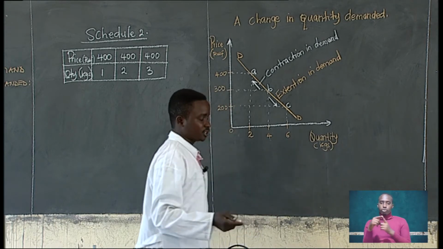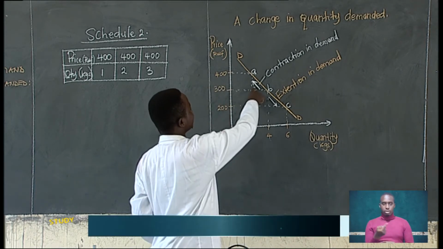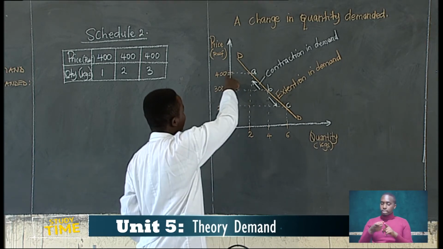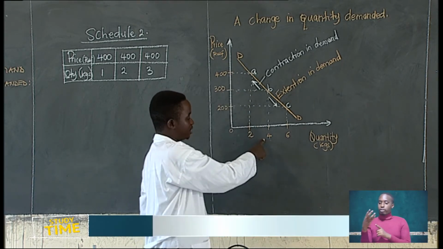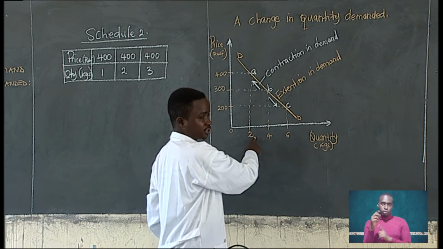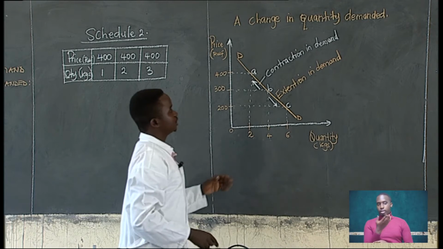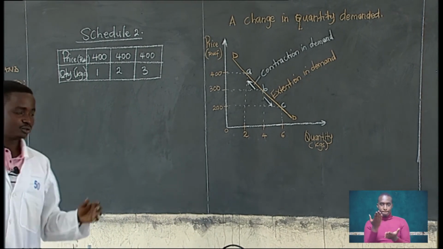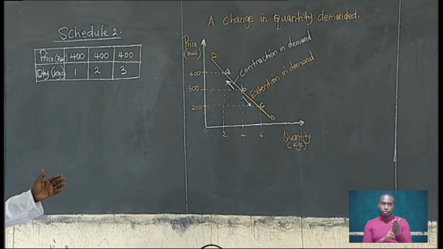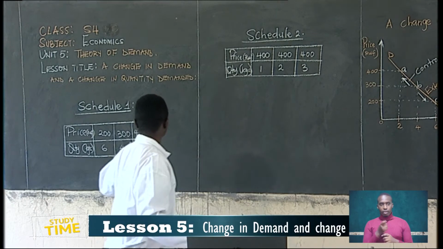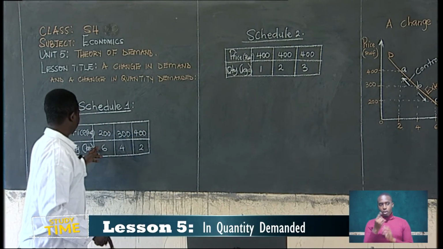Likewise here, an increase in price from 300 to 400 led to a reduction in quantity demanded from 4 to 2 units. So that is a change in quantity demanded. You should now be able, by use of a graph, to illustrate that from our schedule number 1.